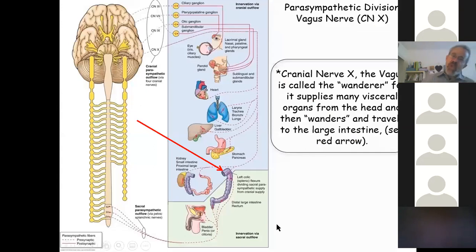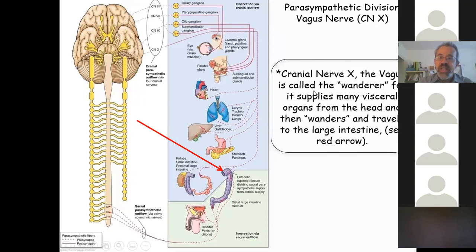All right, so I want to highlight one interesting aspect of the parasympathetic system. Remember, one of the cranial nerves we spoke about was the vagus nerve, which is cranial nerve 10. This is a nerve that involves almost every aspect of our viscera, of our target organs. It's often called the wanderer.